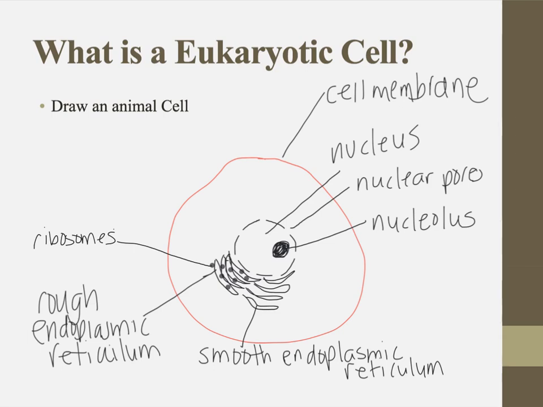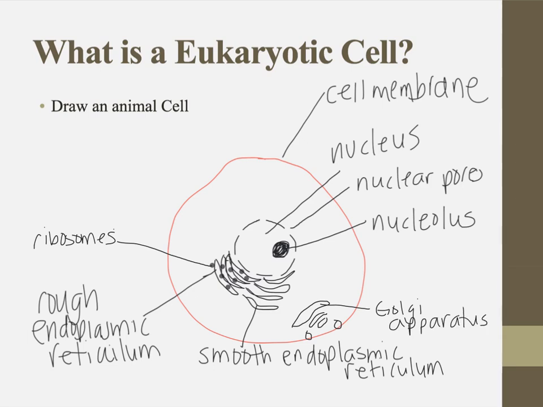We also have some other structures here. We have another set of membranes that kind of looks like a Wi-Fi signal, and coming off of them are these little tiny packages, these little droplets. This is called the Golgi. You may hear this referred to as the Golgi body, or more commonly the Golgi apparatus.